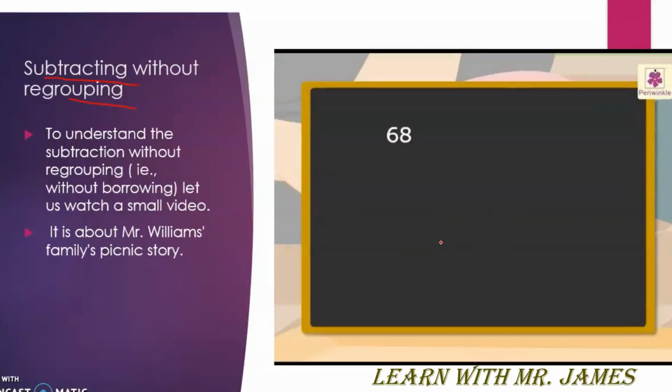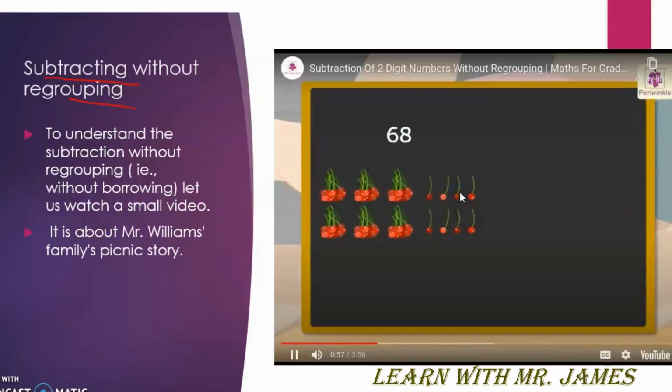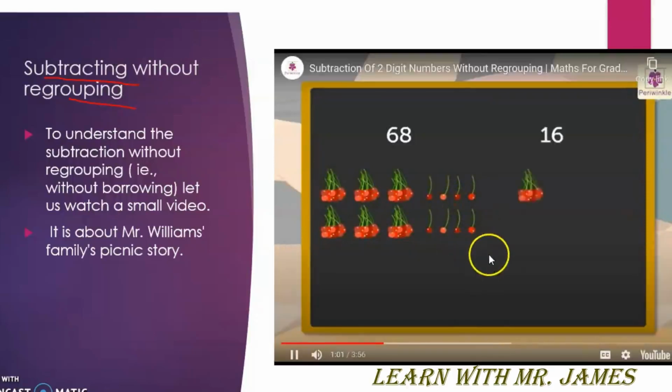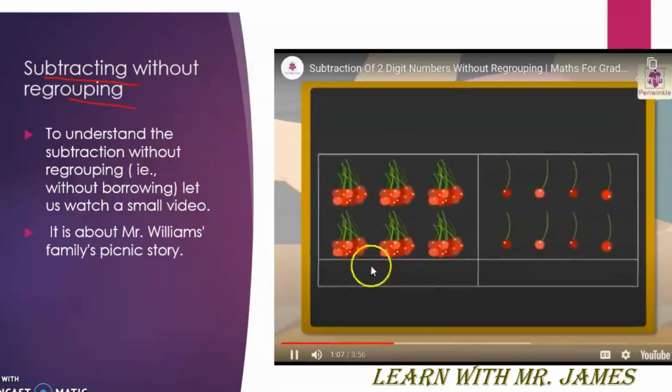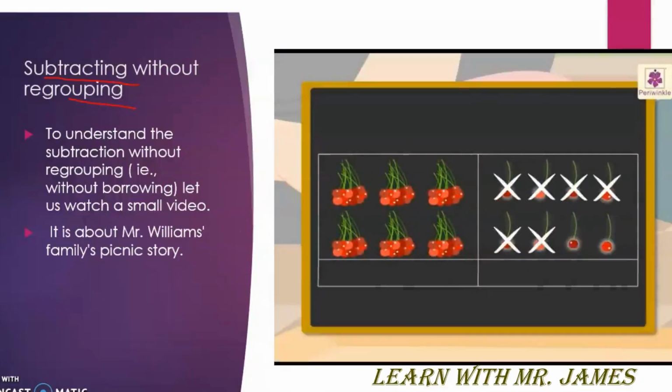68 cherries mean 6 tens and 8 ones. And 16 cherries mean 1 ten and 6 ones. To subtract, we first cancel 6 ones from 8 ones, which is equal to 2 ones.